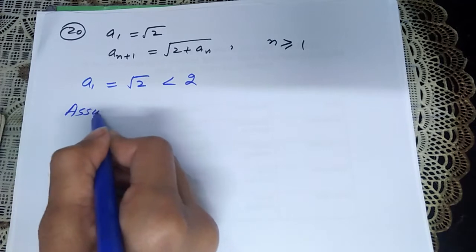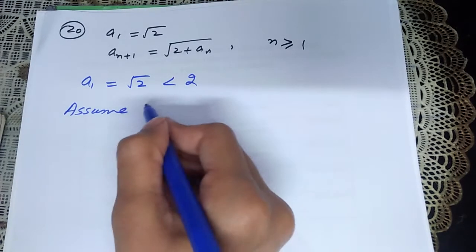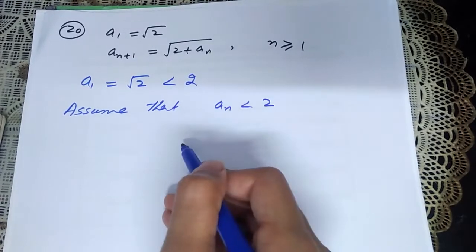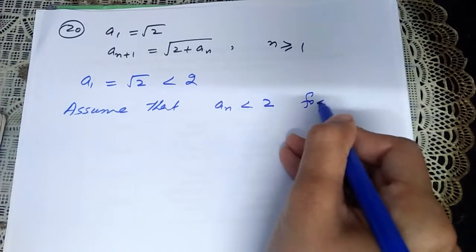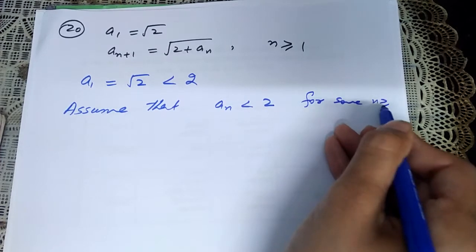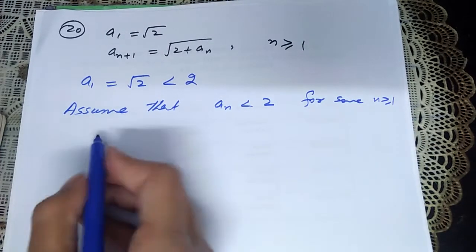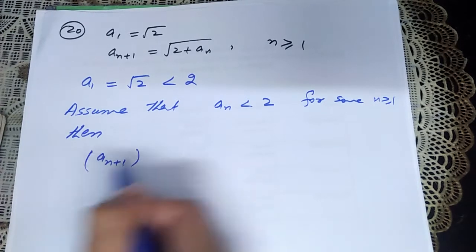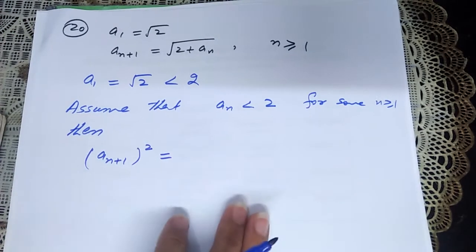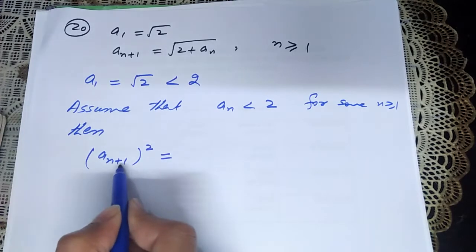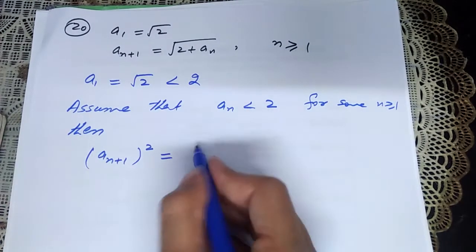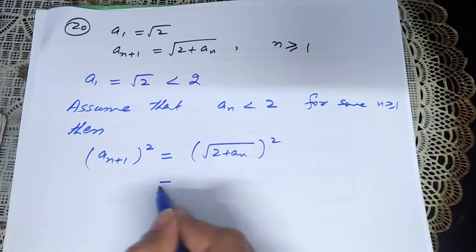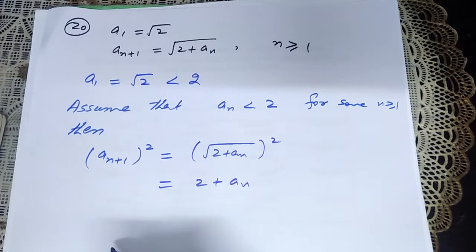Now we need to suppose something here. Assume that an is also less than 2 for some n greater than or equals to 1. Then we can write a(n+1) whole square is equals to, if I take the whole square of this a(n+1) term, whole square under root 2 plus an. This will be equals to 2 plus an.